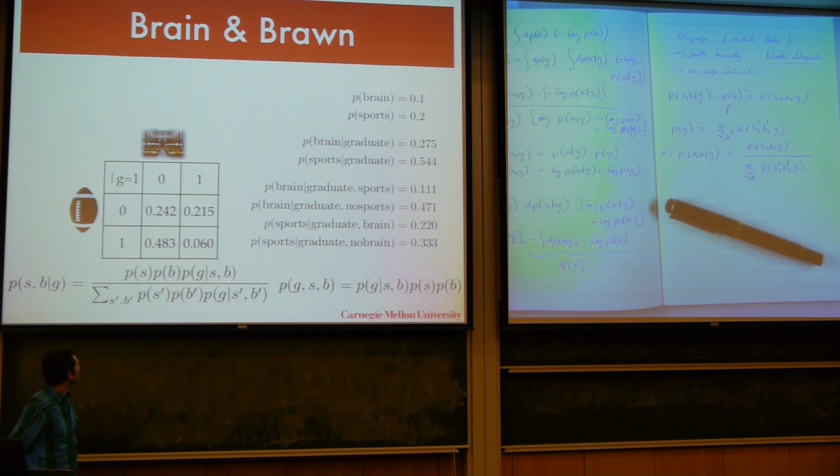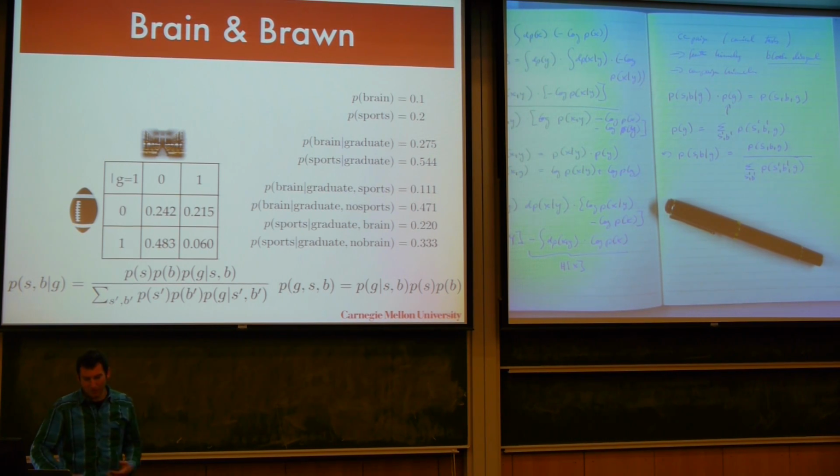Right? And those are the numbers that I get by summing over the row or the column respectively. Because for sports, I need to sum over the lower row of that matrix. And for brains, I need to sum over the right column of the matrix. Okay, so that's all fine.